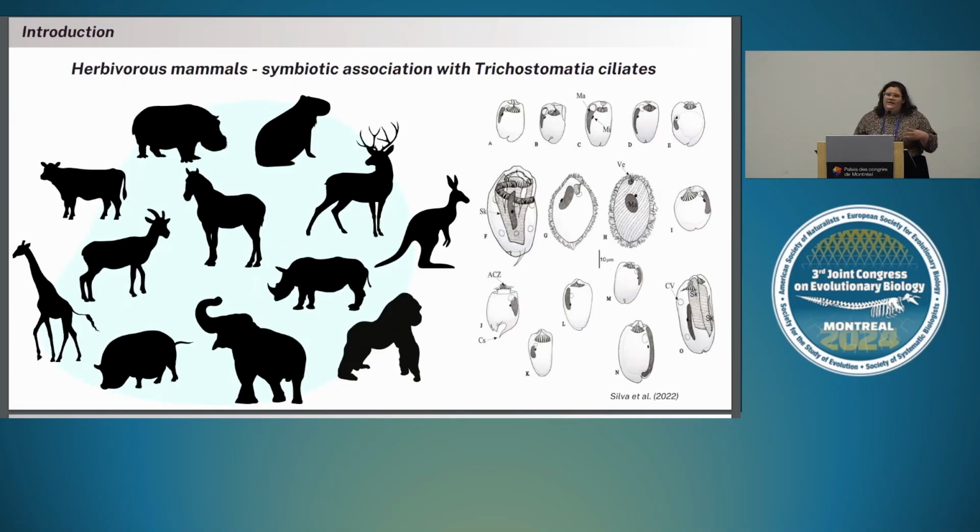Over the evolutionary history, several herbivorous mammals have established symbiotic associations with protozoan ciliates in their gastrointestinal tract. Most of them, represented in these drawings, are mutualists and participate in several ways in the digestive metabolism and other aspects of the metabolism of their hosts.